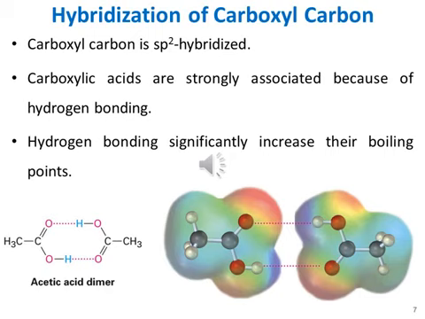Because of this, the hydrogen atoms of the carboxylic acids attain a partial positive charge when they are attached to the carboxylic functional group.